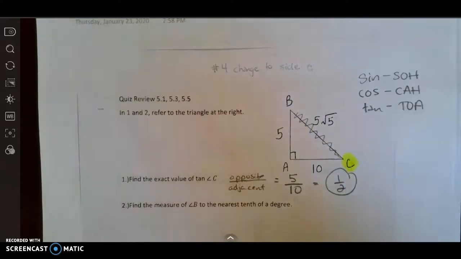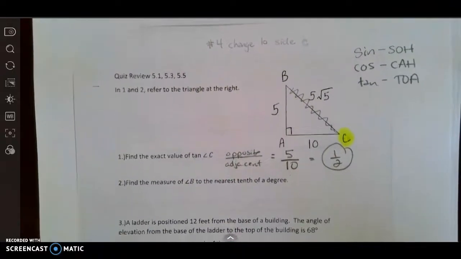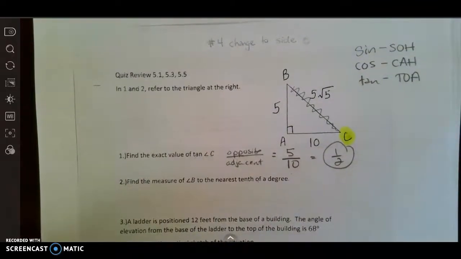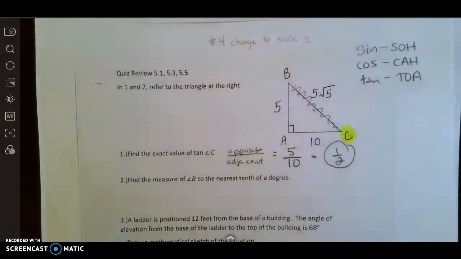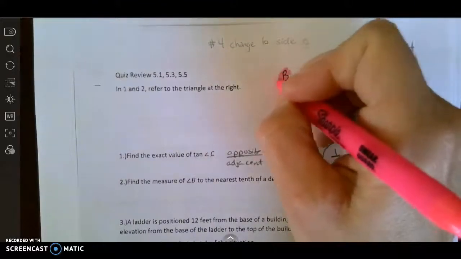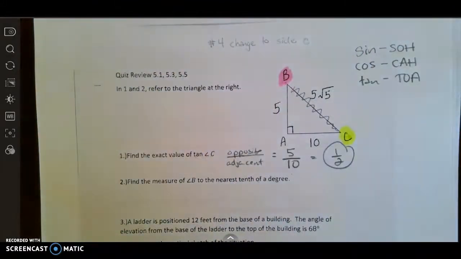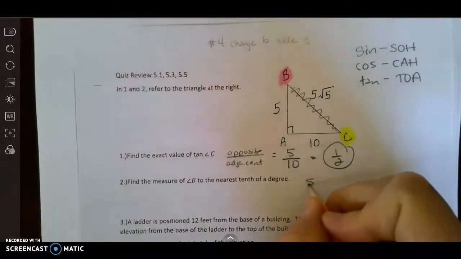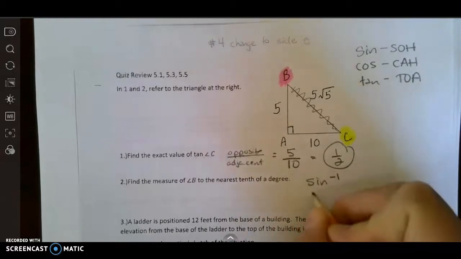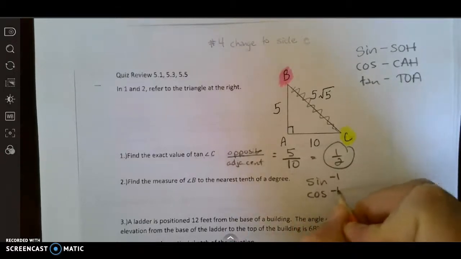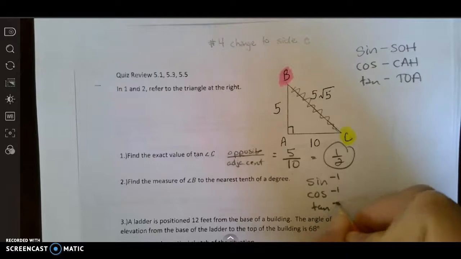And number 2 says find the measure of angle B to the nearest tenth of a degree. So for this one, I'm looking at angle B, which is right here. I know I'm going to have to use an inverse. I can either do inverse sine, inverse cosine, or inverse tangent.